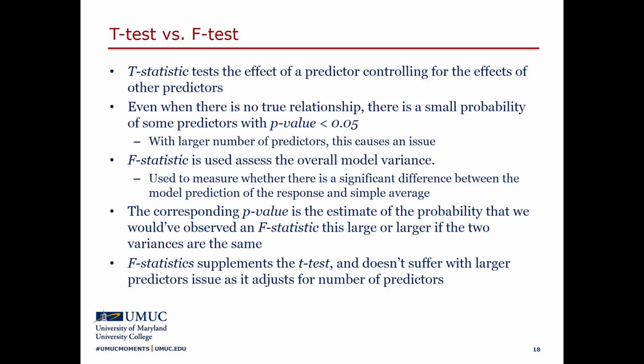So if that p-value is small, it is unlikely that we would have seen an F statistic that large. The F statistic supplements the t-test, and it doesn't suffer from the larger predictors issue as it adjusts for the number of predictors. We'll see this later in this lecture. The F statistic is used to measure the overall performance of the model, whereas the t-statistics are for individual parameters or individual predictors.